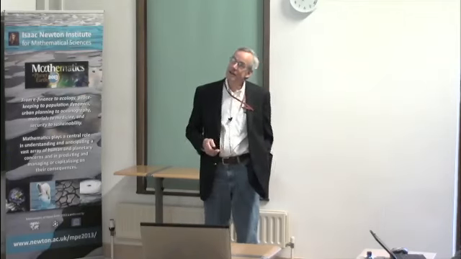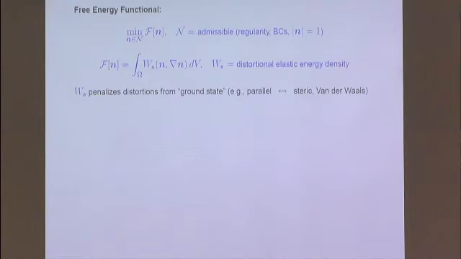The model has the generic form of an integral functional, usually denoted by F of this director field n. And in its simplest form, the globally stable equilibrium state is the director field that minimizes this integral functional over some set of admissible director fields, which includes regularity conditions, boundary conditions, and the unit length constraint.